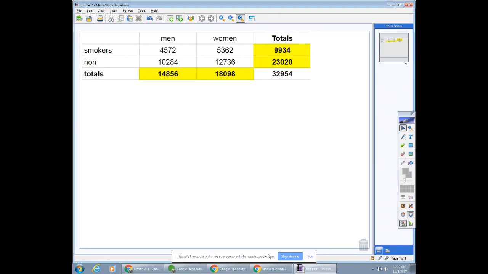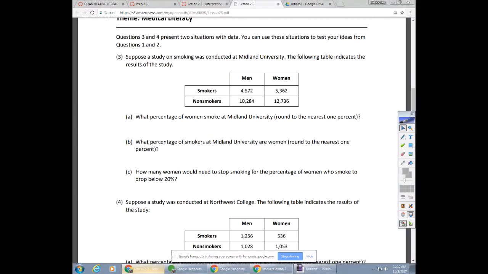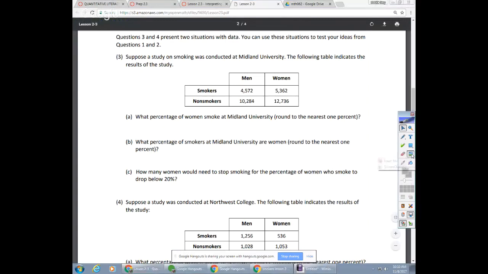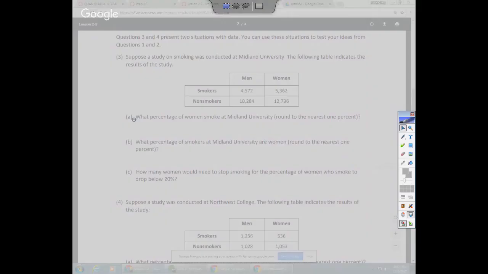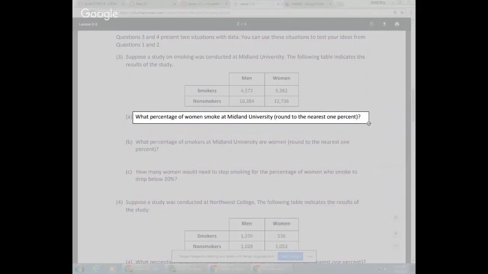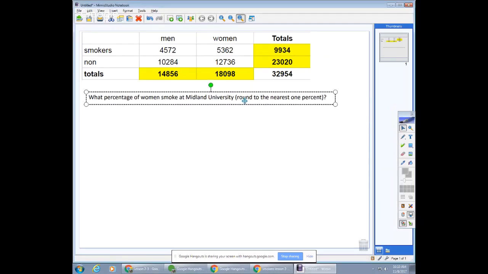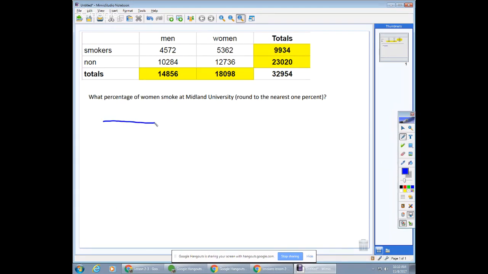Okay, so this is our modified subtotal, so we can calculate percents. And we need to know these questions. What percent of women smoke? So with that one right here, women is the key word. That's the total group we're working with there. And then we want to look at the smokers. So as far as calculating the percentage, I have a numerator and denominator.